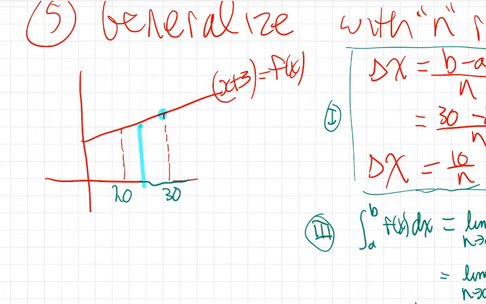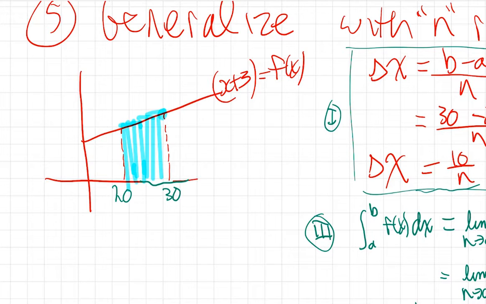So you see the error now would be significantly less, right? And then I might go to, oh, I don't know, what if I went to 4 rectangles? Okay, so then it'd be there, there, there, there, and I'd have much less. And then I might go to 8 rectangles, right? And then I might go to 16, 24, etc.